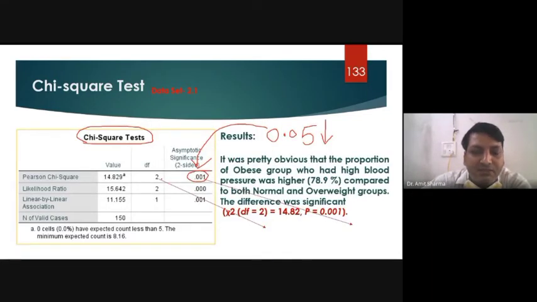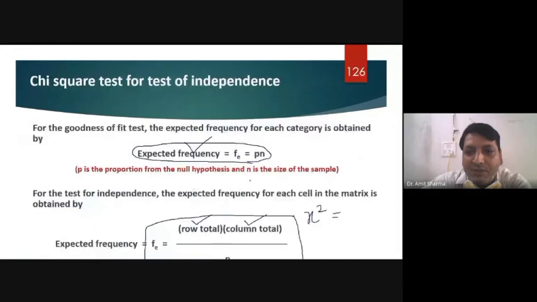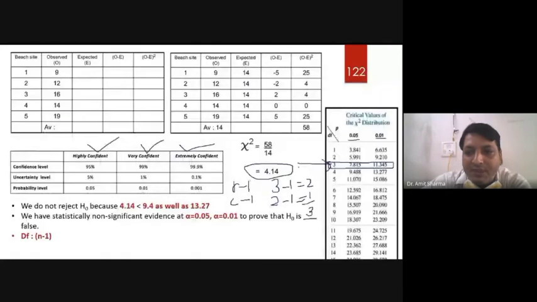See here, the software is also going to calculate the degree of freedom, like we did in the statistical method manually, and we got the value of chi-square also. And at degree of freedom 2, if you want to compare what is the value at 0.05, you can compare here. Degree of freedom 2 value is 5.991.